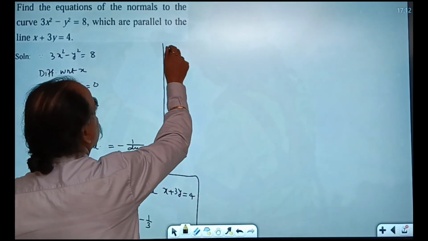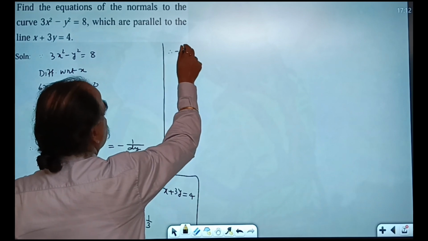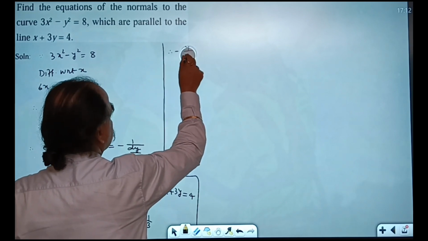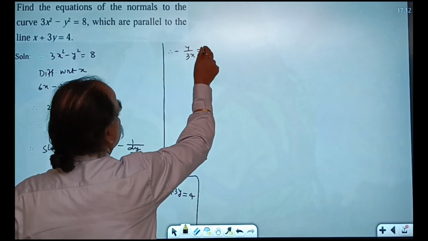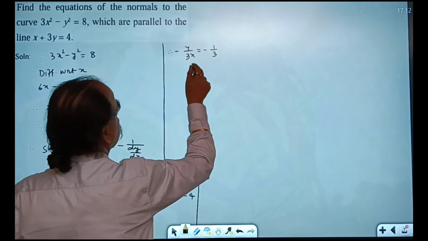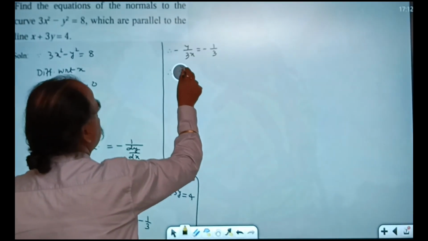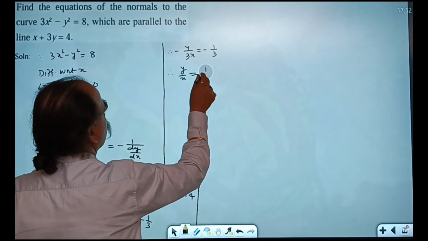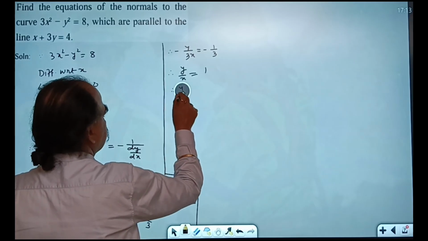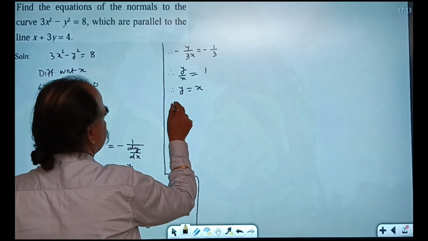Therefore, minus y upon 3x is equal to minus 1 upon 3. So y upon x is equal to 1. So y is same as x.